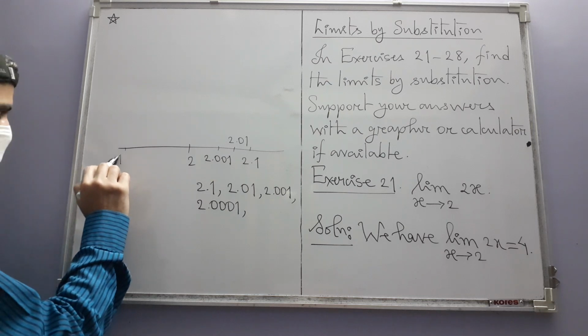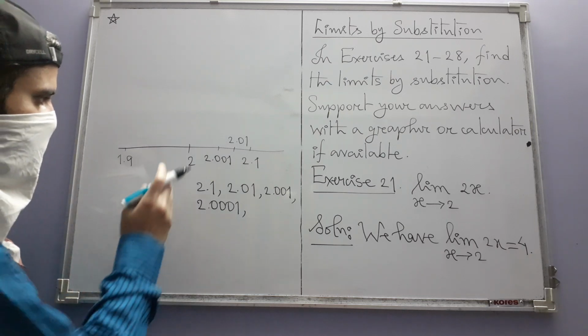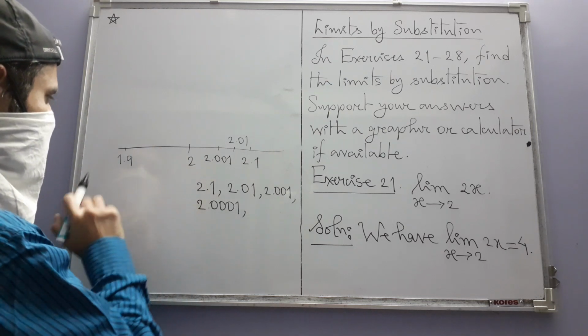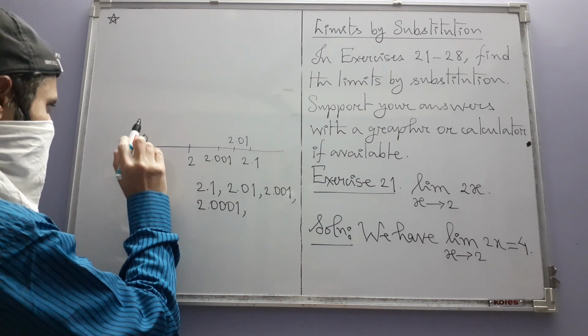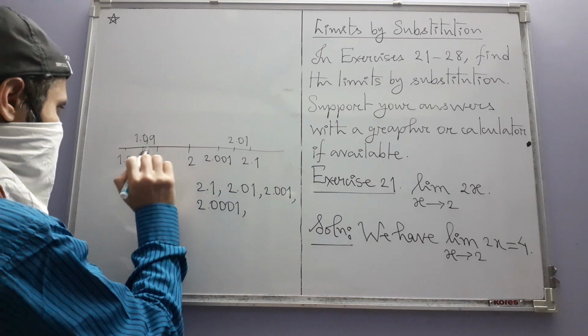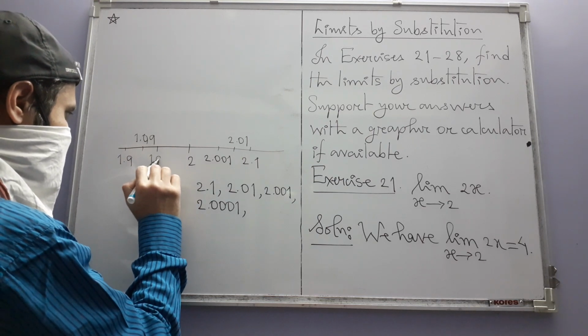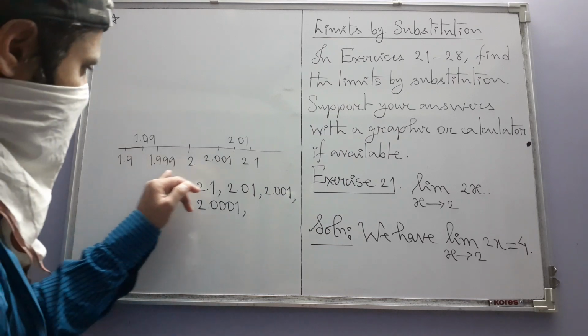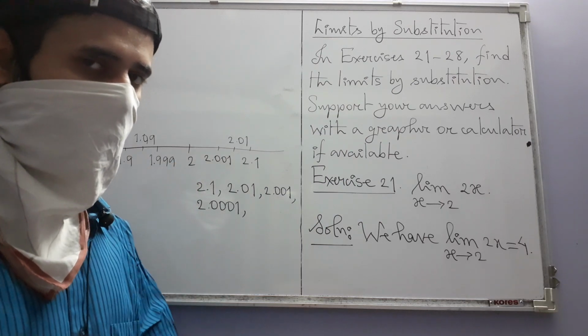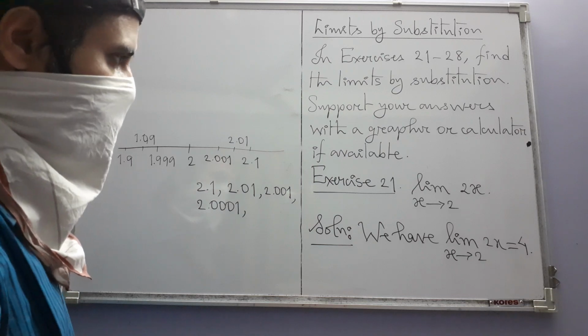On the other hand, you can also consider values of x to the left of 2, that is the values which are less than 2. And you can increase the number of 9s after the decimal point. Then that will increase the values and you will get closer and closer to 2.